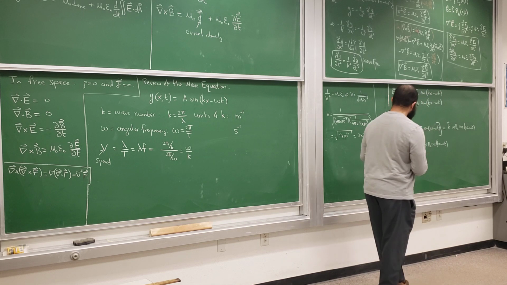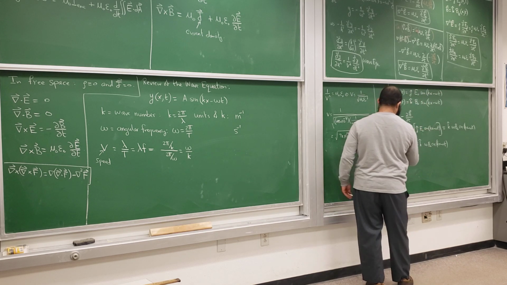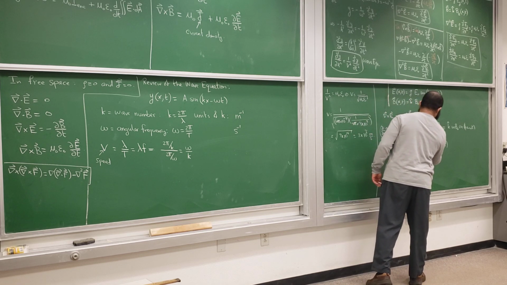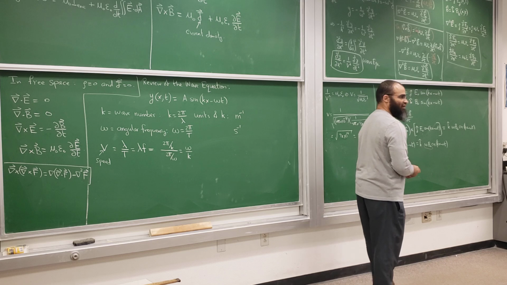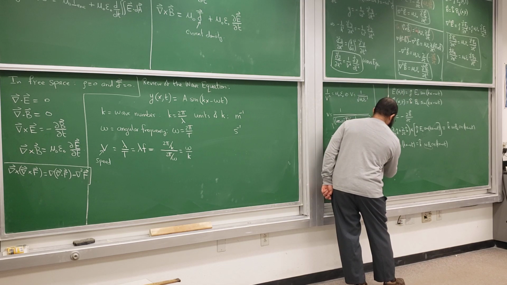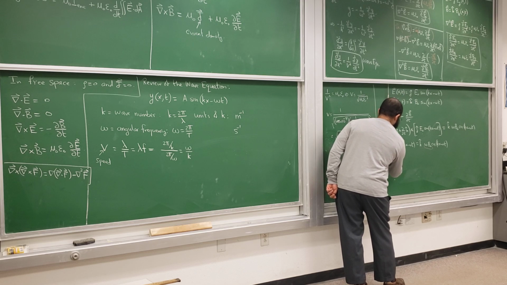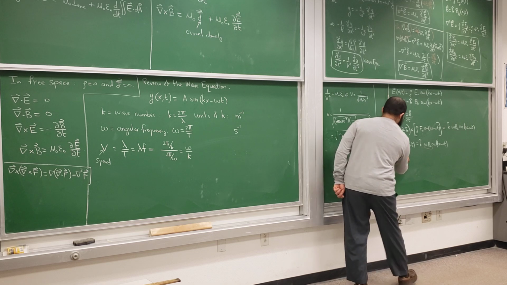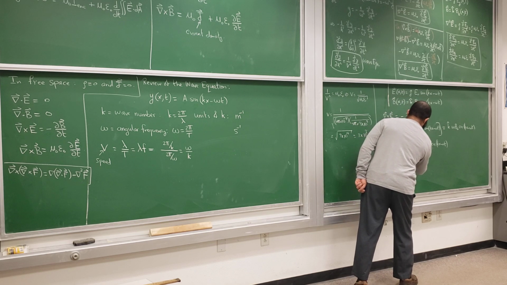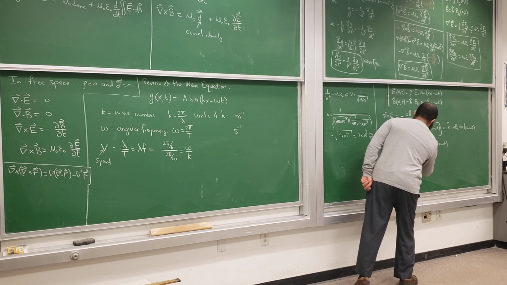So what we take from this: the cosine is the same, the k hat is the same, so we notice that these must be equal. That means we have E naught times k is equal to omega times B naught. So E naught will equal omega over k times B naught.